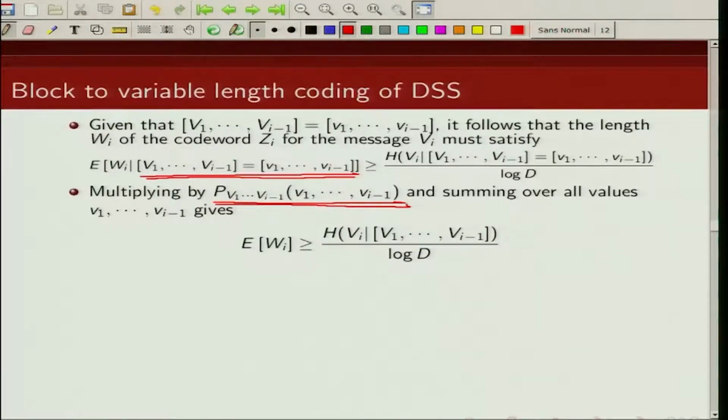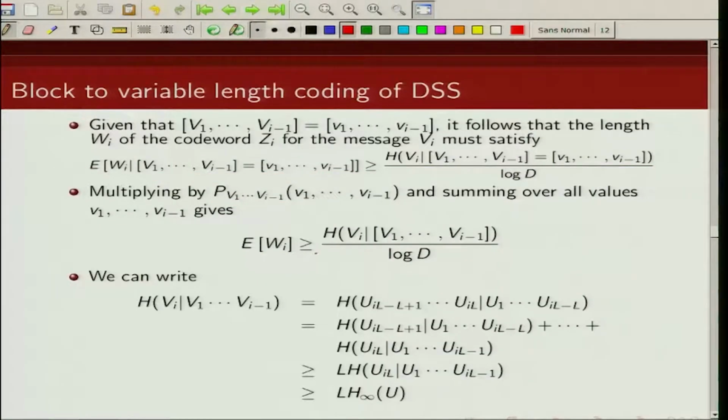If we do this on the left hand side, what we get is the unconditioned expectation, so we get the expected value of Wi. If we do the same on the right hand side, we get the uncertainty in Vi given V1, V2, V3, up to Vi minus 1, divided by log D.